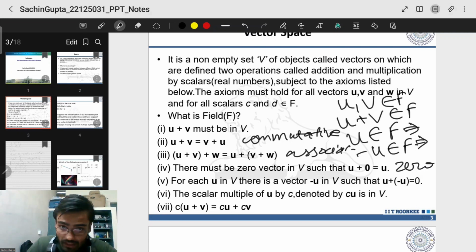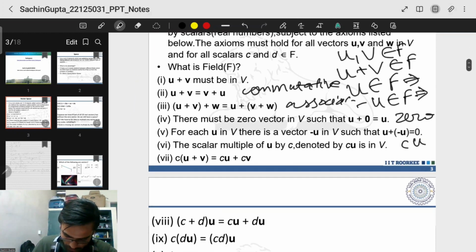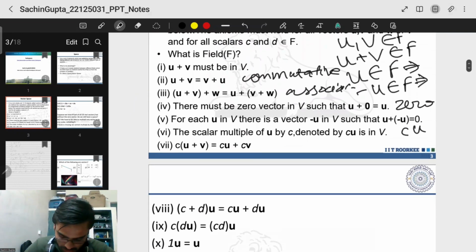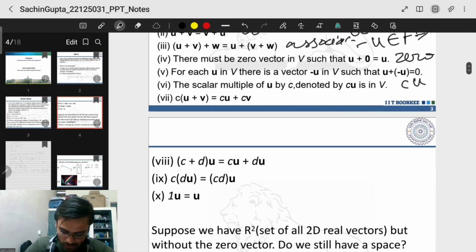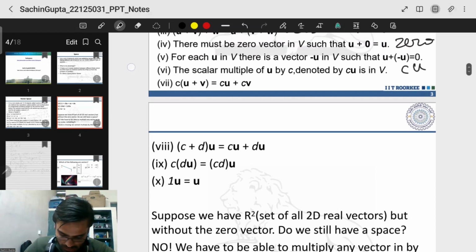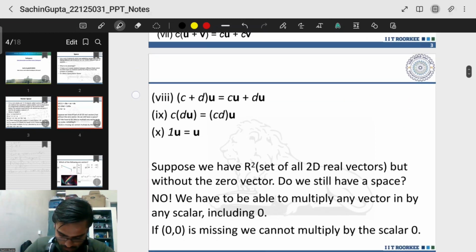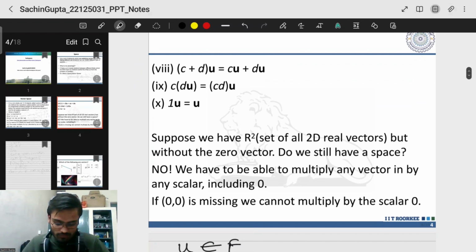If u is there, then minus u must be there, because the sum of the two vectors u plus minus u must give the zero vector. For scalar multiples, cu must belong to V, and c times (u plus v) equals cu plus cv, (c plus d) times u equals cu plus du, and c(du) equals (cd)u.